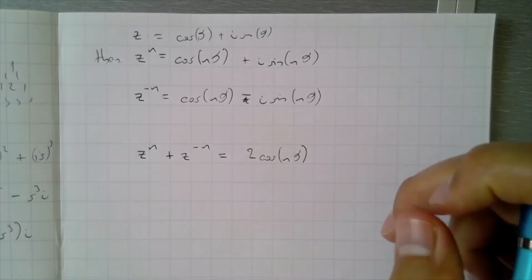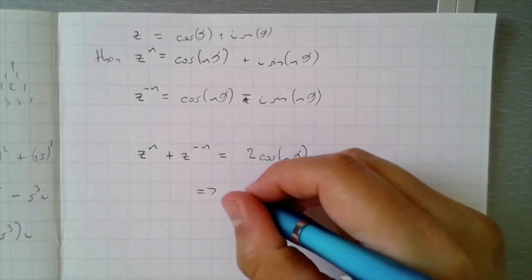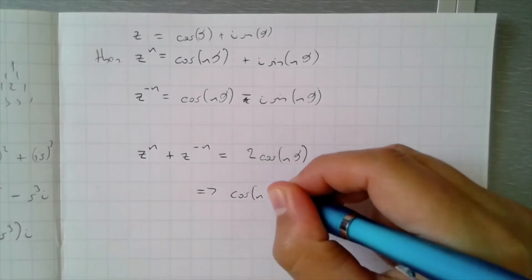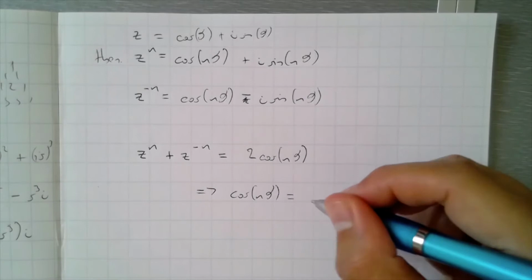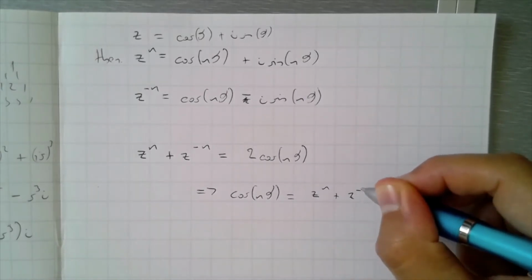Hopefully you can see from there that cos n theta is equal to z^n plus z^-n over 2.